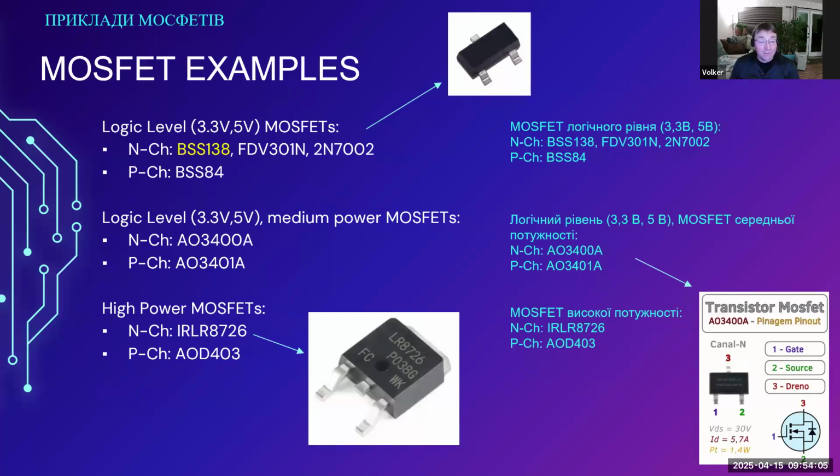I picked the IRLR 8726 because it was cheap at Cosmodrome. It is somewhat mostly evenly matched with the AOD 403. So if you needed to build a P and N-channel bridge, for example, a motor control for driving a BLDC motor, that would be two possible MOSFETs to get. They are very cheap.